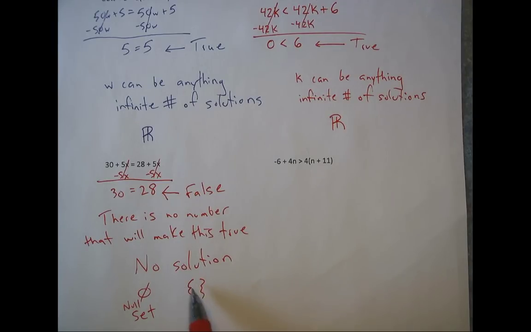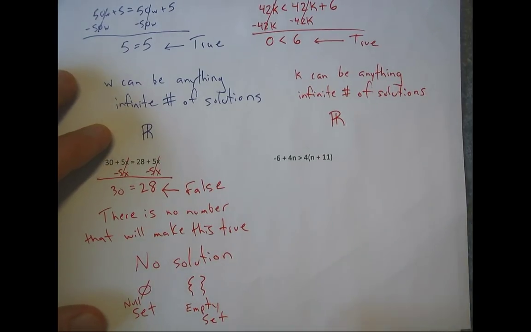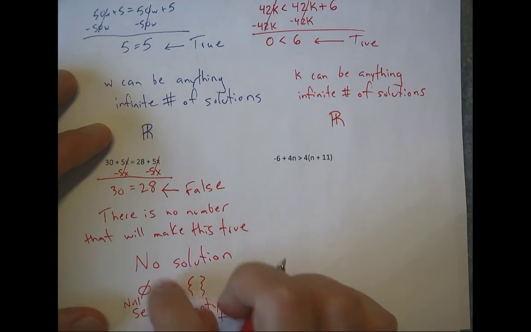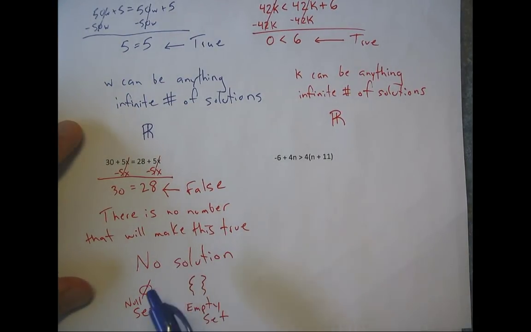Normally you'll see this with an answer in the middle of it, or an actual number. But since there is no answer to go between there, this is called the empty set. So it's just another way to write this. So most people tend to choose the null set symbol, and that's fine. But any of these are good answers. No solution, the null set, the empty set, they all mean the same thing.